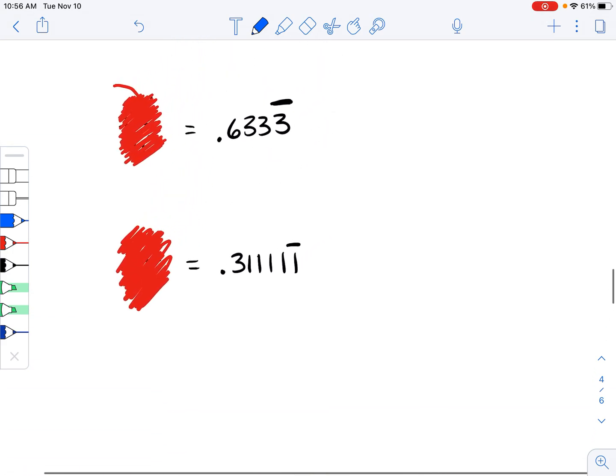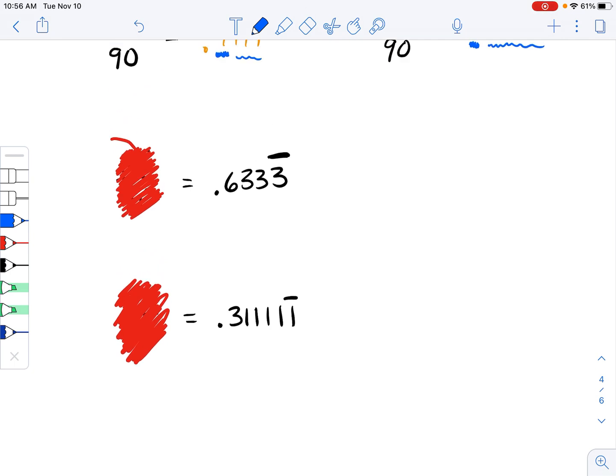So if I had 0.63333 repeating, I would let 100x be 63.333 repeating. 10x would be 6.333 repeating. I knew that because for my larger value, I wanted to get past the 6 and then through one of the repeating decimal series.